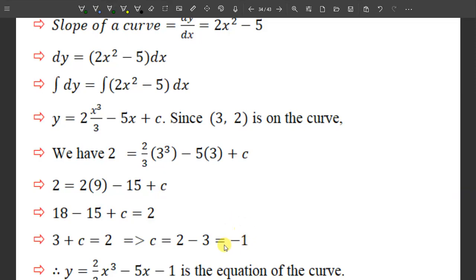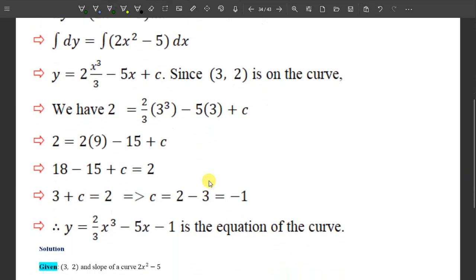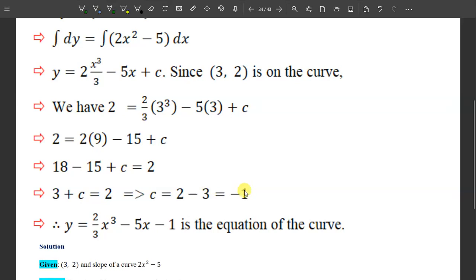This minus 1 is the value of c, and therefore replace c by minus 1. Now that is going to be the equation: y is equal to 2 over 3 x cubed minus 5x, with c replaced by minus 1.